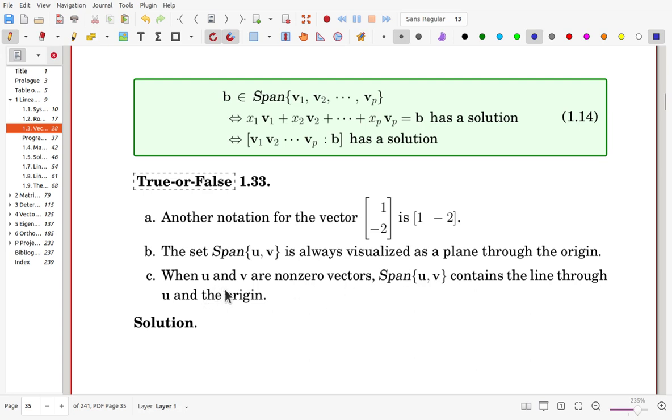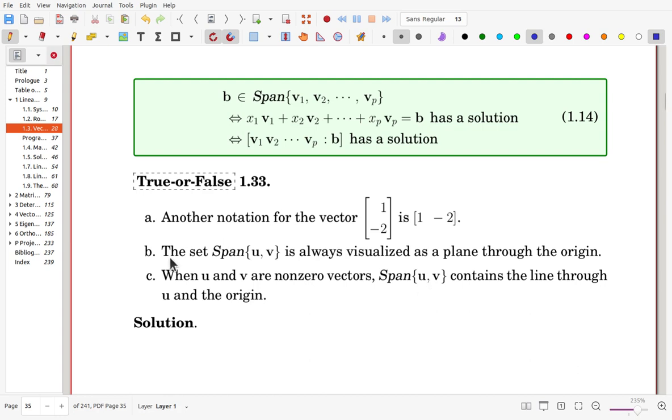When U and V are non-zero vectors, the span of U and V contains the line through U and the origin. Is it true? It must be true. If U and V are non-zero vectors, then the span of U and V should contain at least the line through U and the origin.